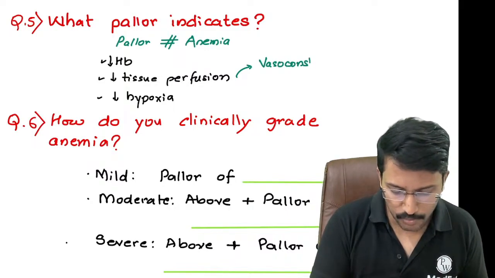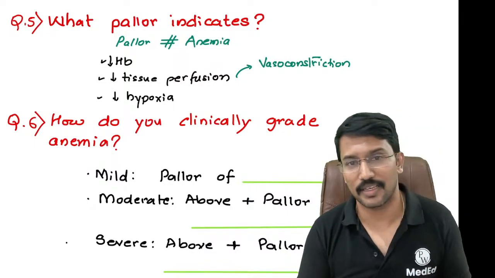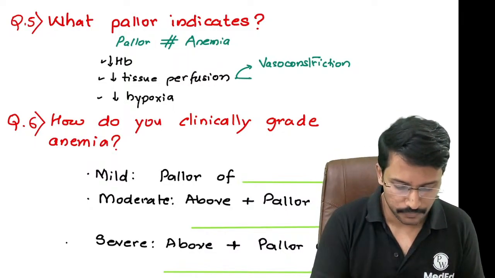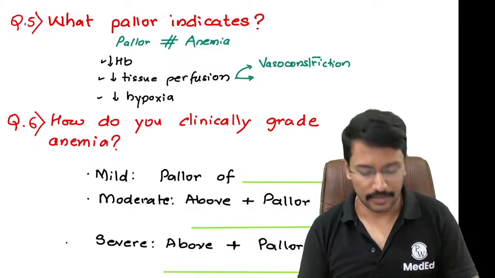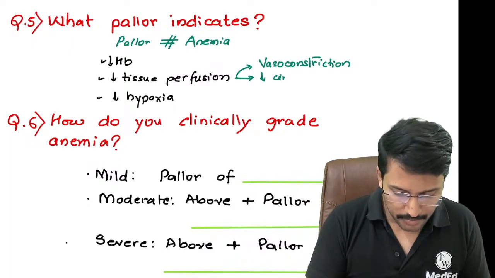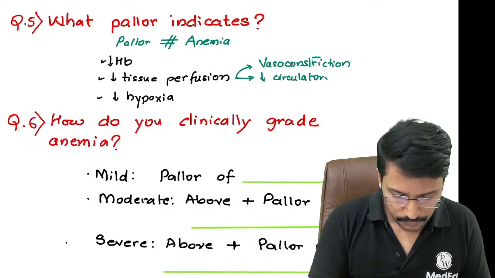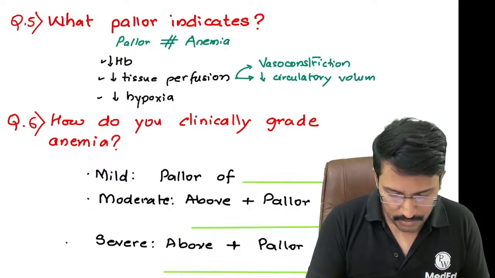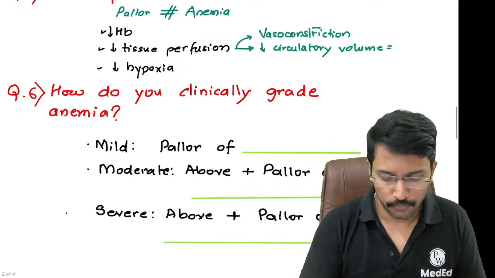Can anybody tell me what hormones or substances are known to cause vasoconstriction? Second, if there is decreased circulatory blood volume, which is essentially a form of shock.